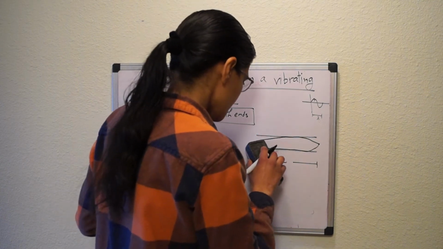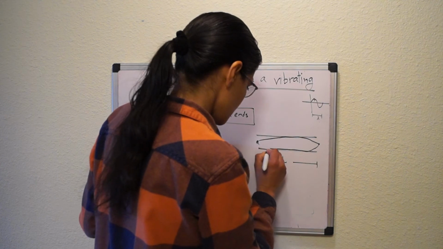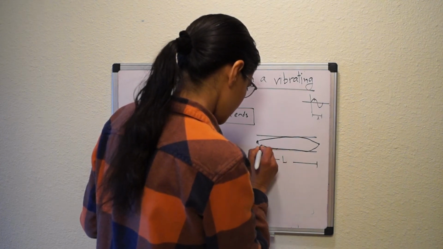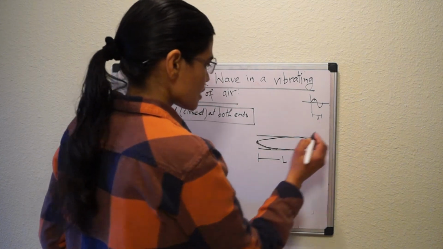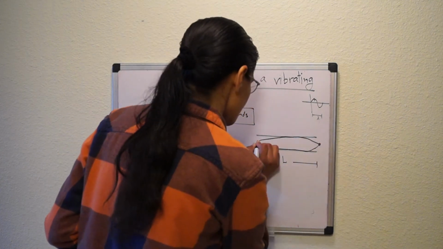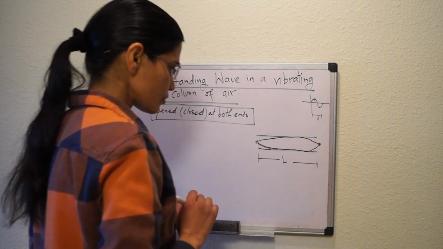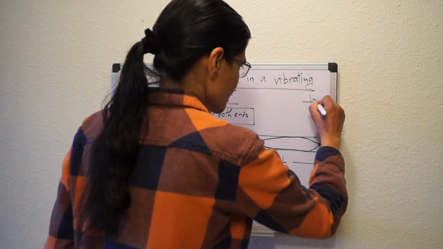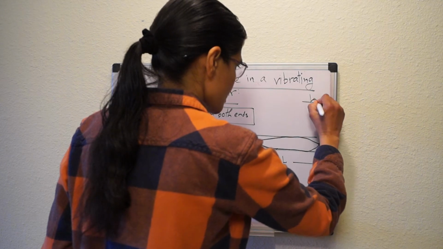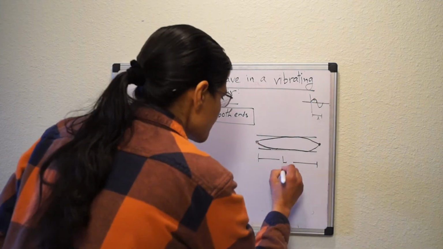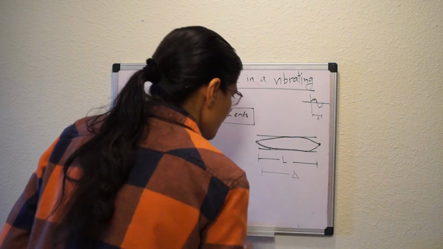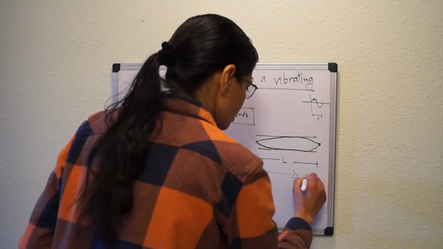I'm going to try to draw it a little more nicely. Like that. So the two ends here are nodes. Now if you look at this, it looks like half of a wavelength, like this half. So this L corresponds to lambda by 2.